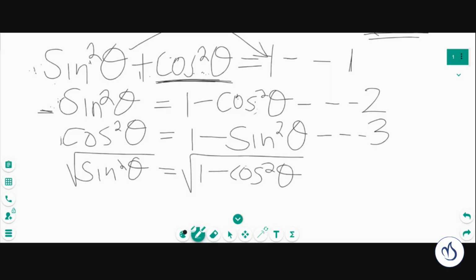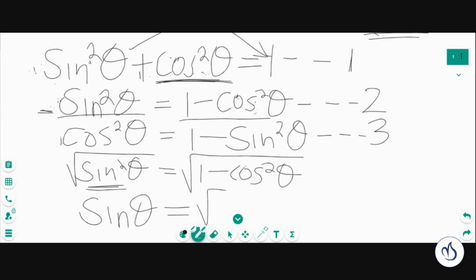What I've done is I've taken the root on both sides. So when you take a root on sine squared, you get sine theta. Sine theta is the root of 1 minus cos squared theta. So this is number 4.